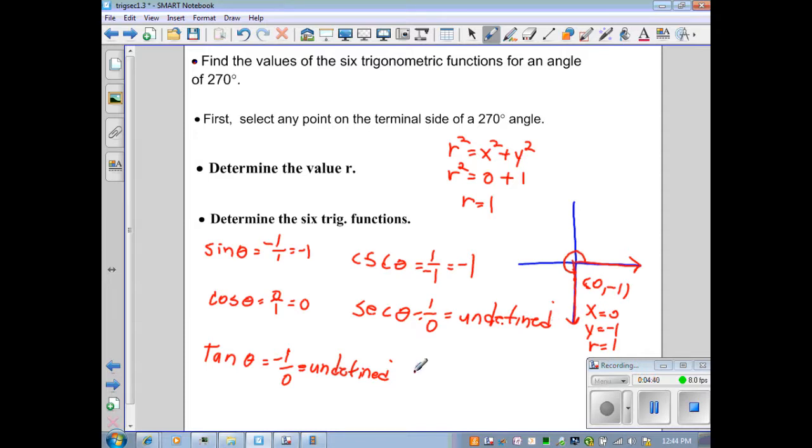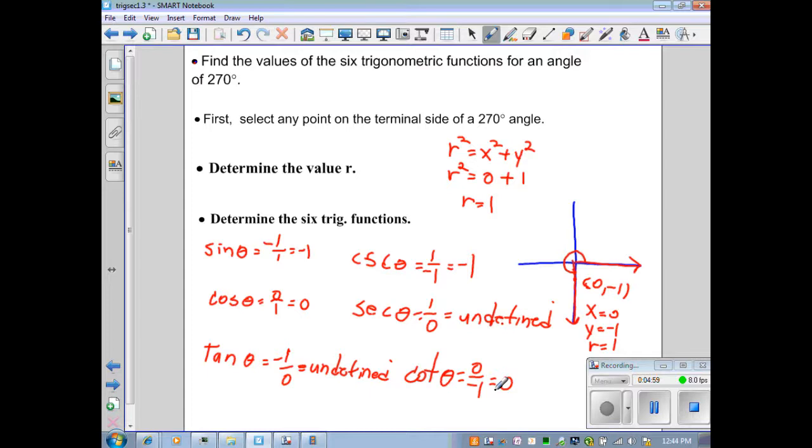And cotangent theta will be x over y, which is 0 over -1, which is 0. With this information, tangent theta and secant theta are undefined at 270 degrees.